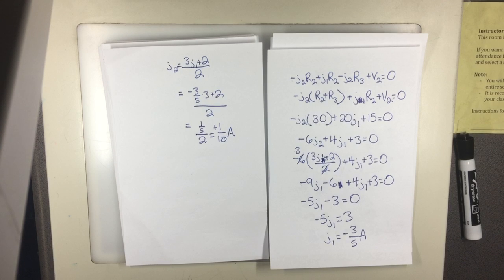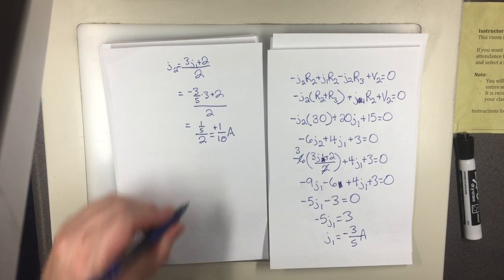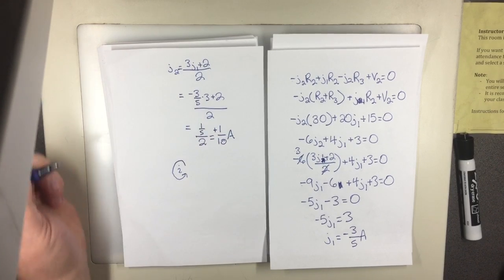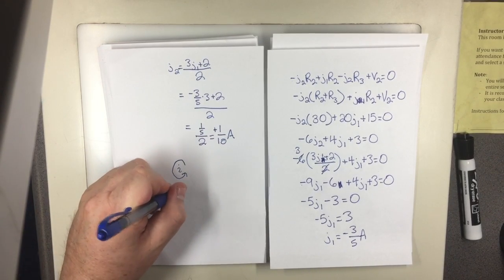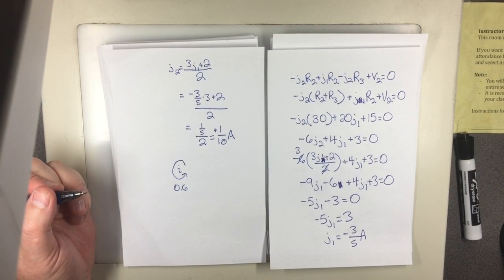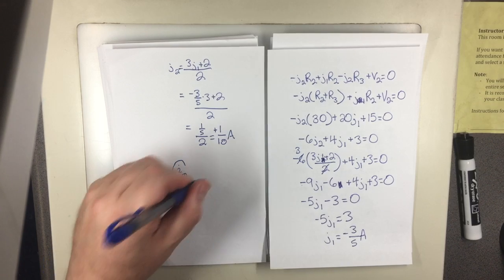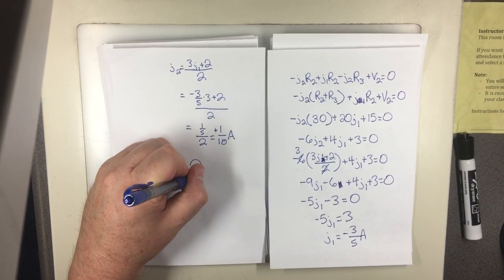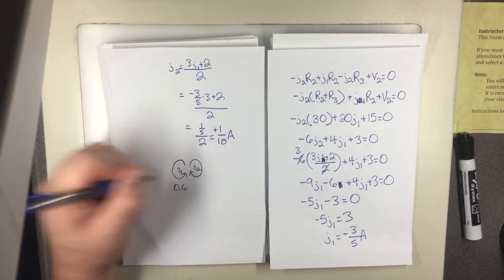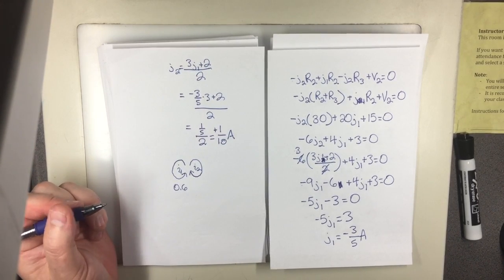So you end up with a negative J1, which means that the current I is going counterclockwise with the magnitude of 0.6. I really got the numbers to work out well. This one is a positive 1/10, which means the current runs clockwise with the magnitude of 1/10 amp.